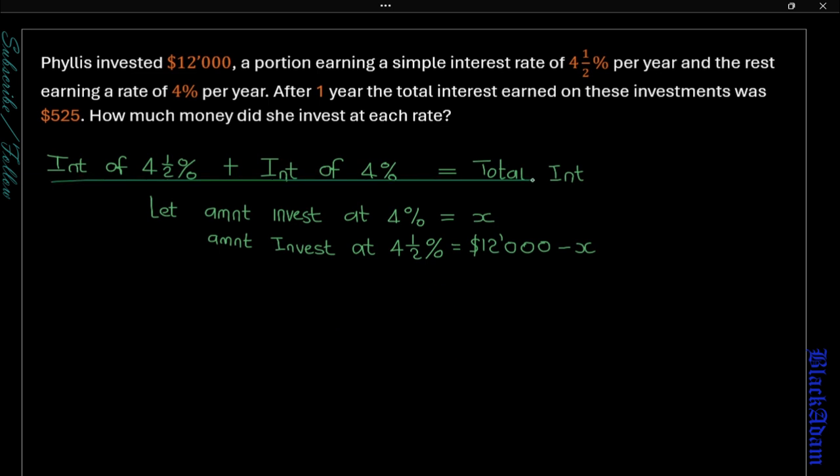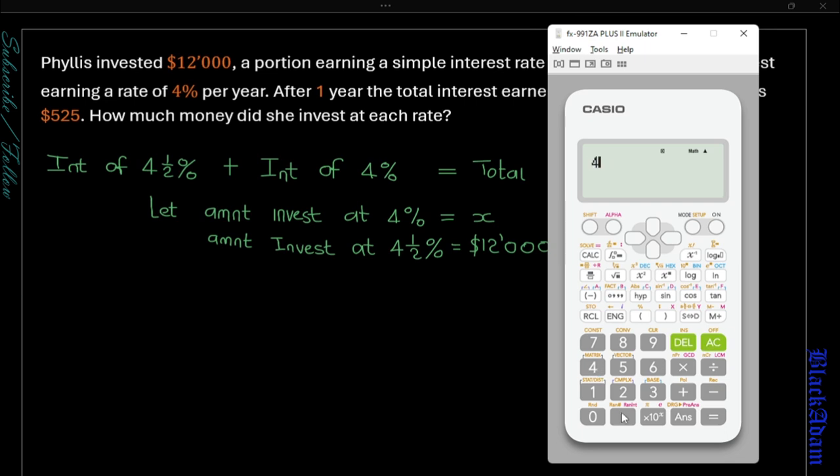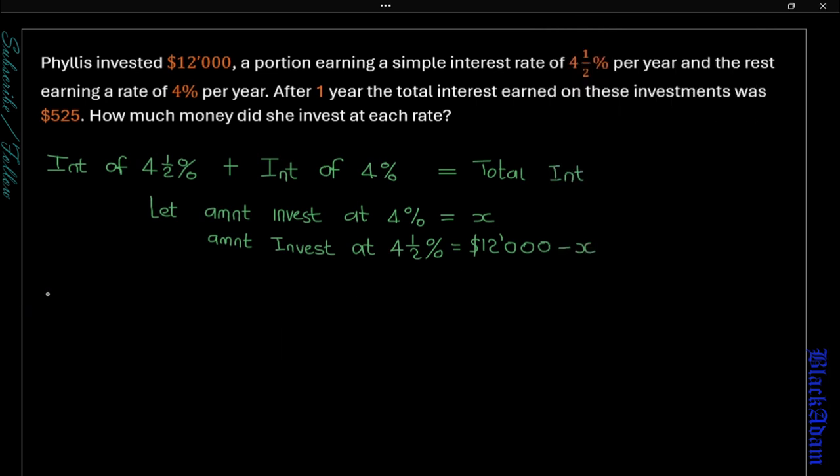So we use that equation. The total interest is 525, and 4.5% is 0.045. The interest amount is the rate times the amount.